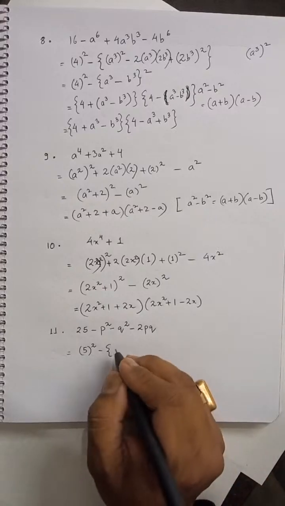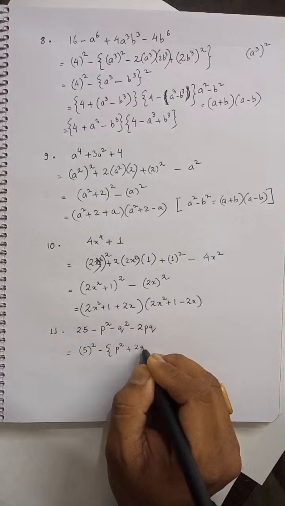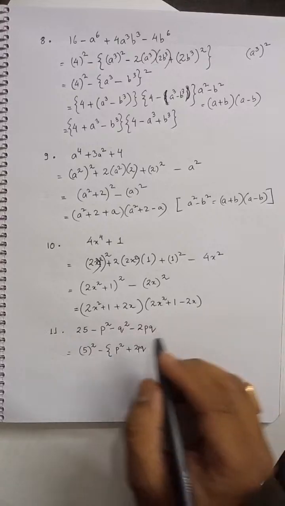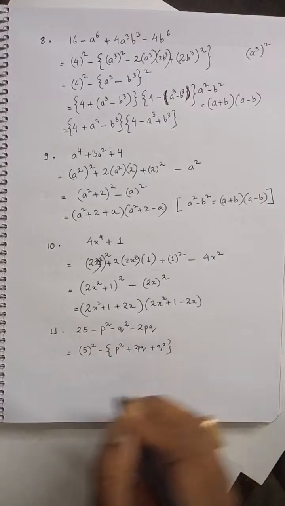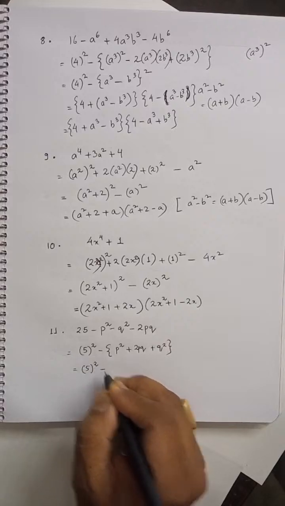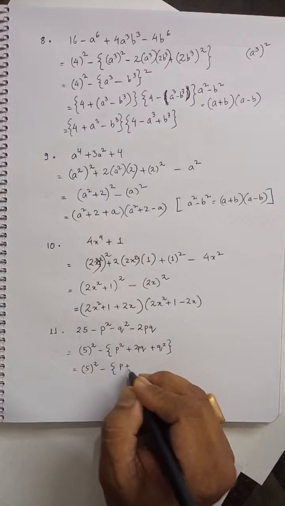So this will be p square. We'll write the 2pq in the middle just to make sure that this lies in the form of the identity, and then plus q square. So this will be p plus q whole square.